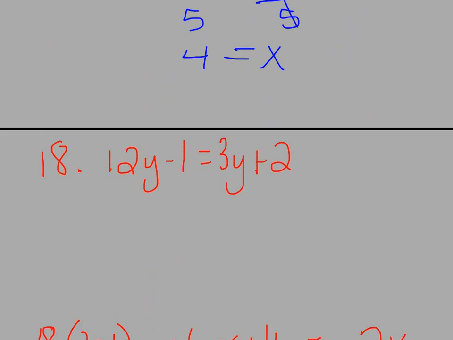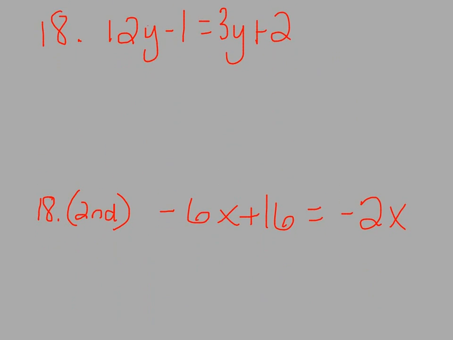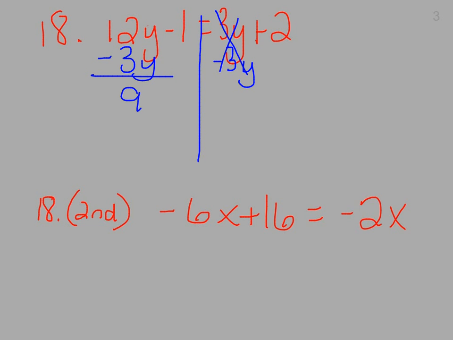So moving on to number 18. Okay, number 18, I'll just draw my line. I'm going to move my 3y over to the left side this time because it's smaller. That cancels that out, so I put minus 3y under here. I now have 9y minus 1 equals 2. Now I can add my 2, or not 2, sorry, didn't mean to do that, thinking ahead.